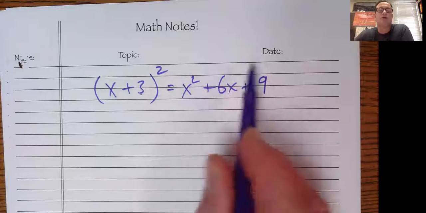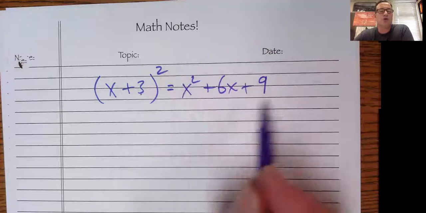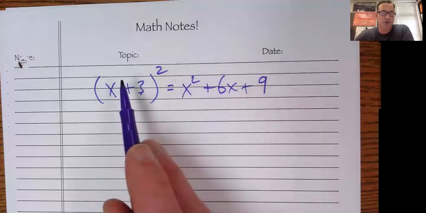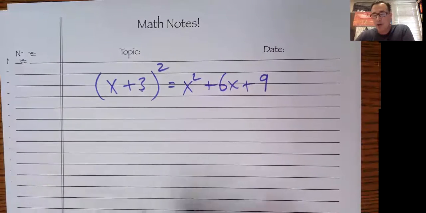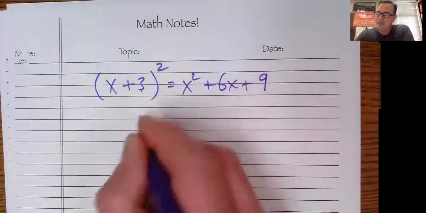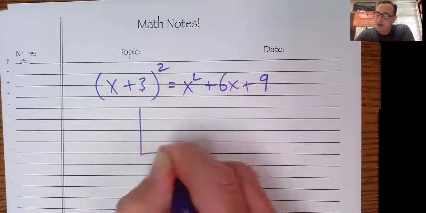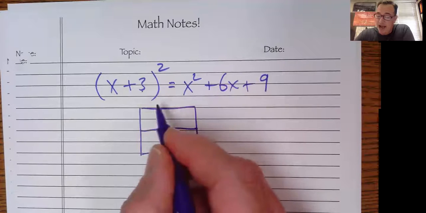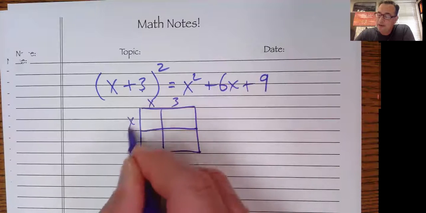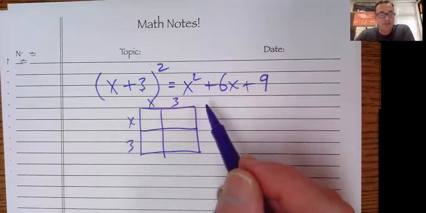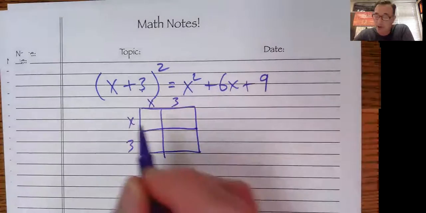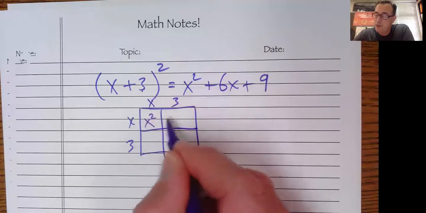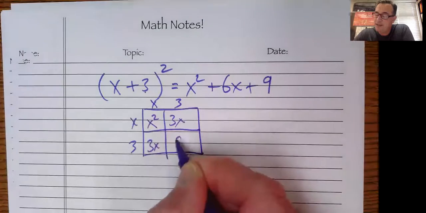So this is the sort of thing that we're going to see to get to a perfect square if we factor it. The reason I like calling them squares is that if we look at an x plus 3 written as a square, with the same thing on both sides, and we're talking about the area, we get x squared, 3x, 3x, 9.